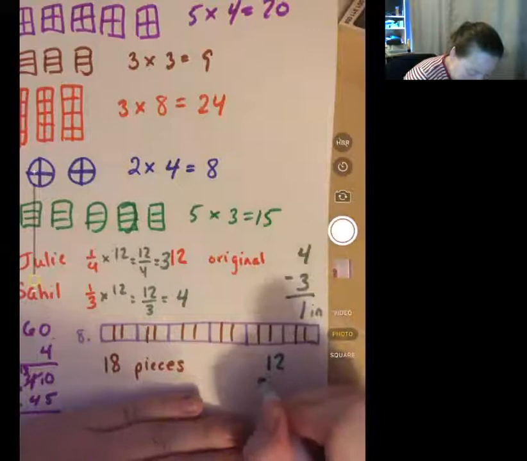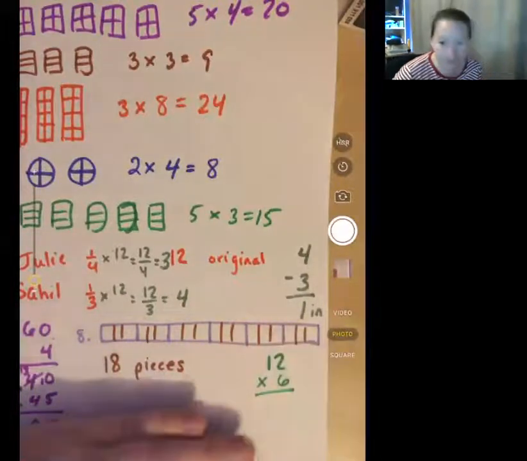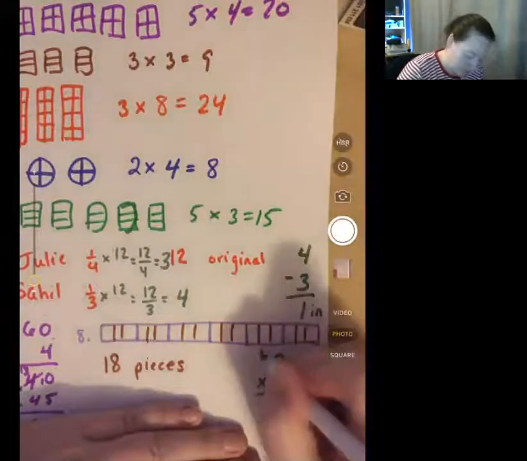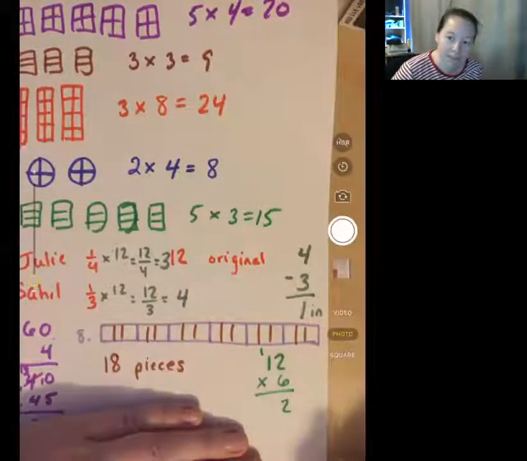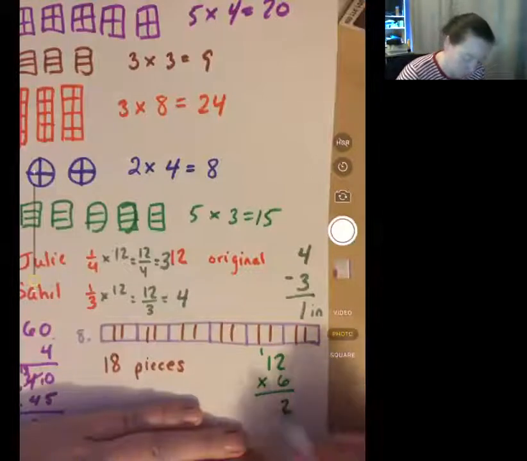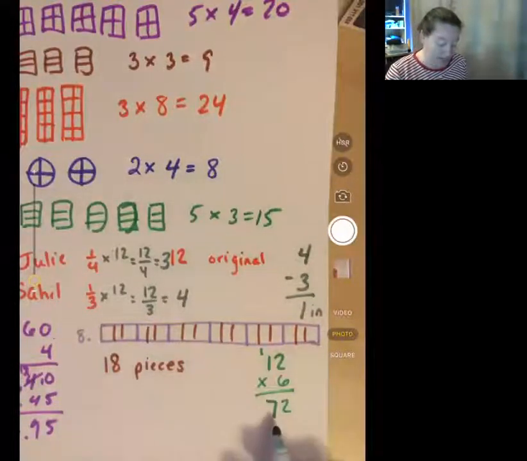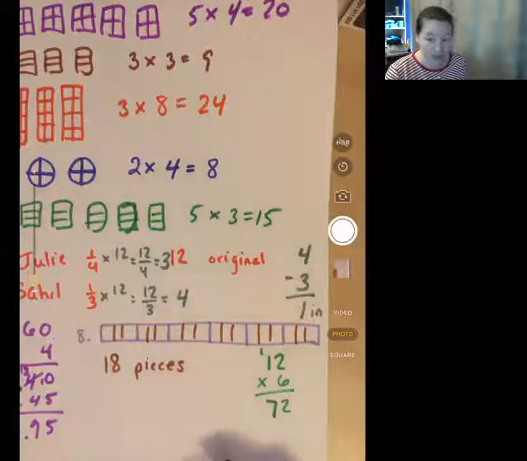So 12 times our 6 feet. 2 times 6, 12. 6 times 1, 6 plus 1, 7. Okay, so I have 18 pieces. I have 72 inches. I need to divide this out.